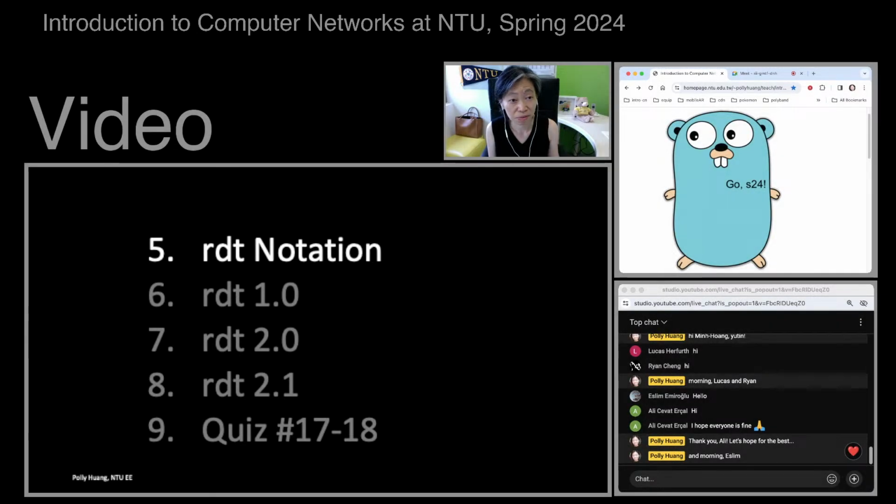All right, so these are the basic notations for function calls in the pseudocode style. Now, next, I'll be introducing something called a finite state machine. So it's a special way to represent a mechanism. So let me play the video.